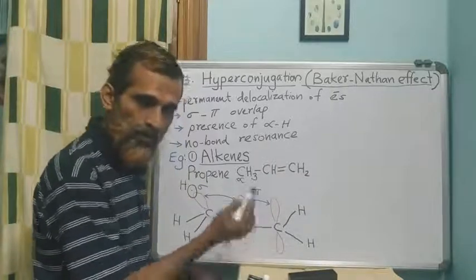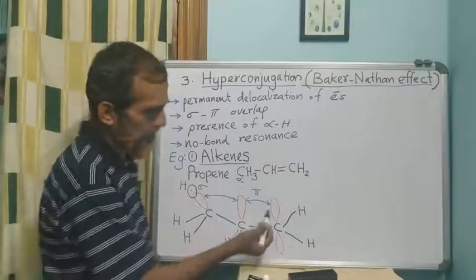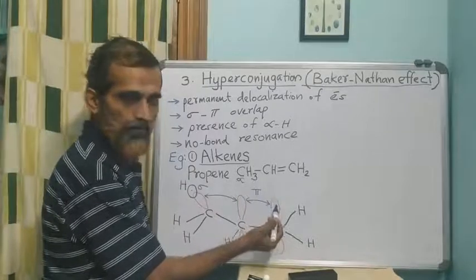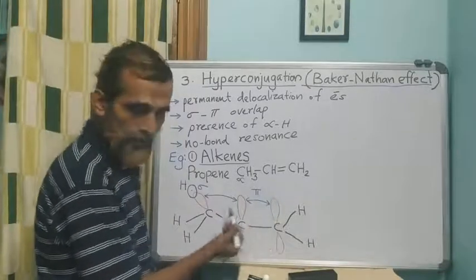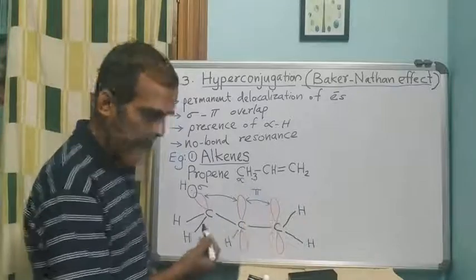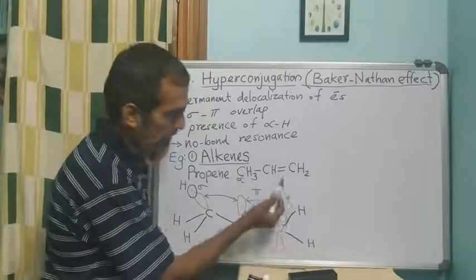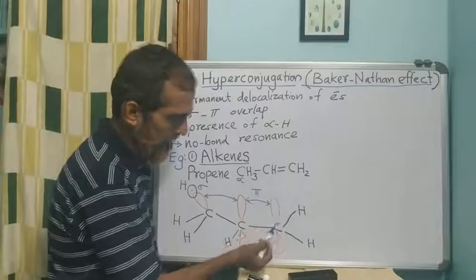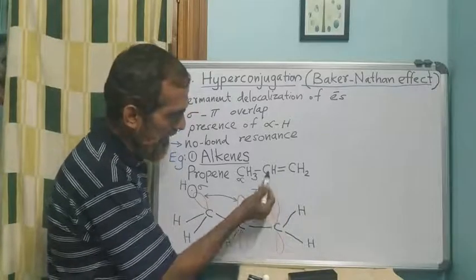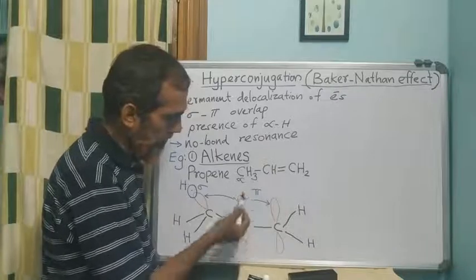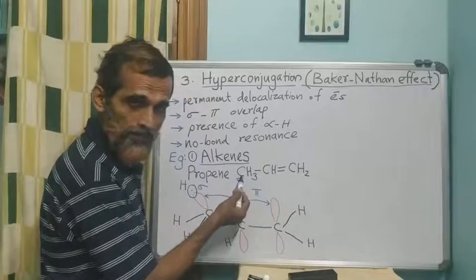It is shown with the orbitals responsible for pi bond formation. See, this is CH2, sp2 carbon, so it's trigonal planar. This CH is also sp2, but this is sp3 carbon.